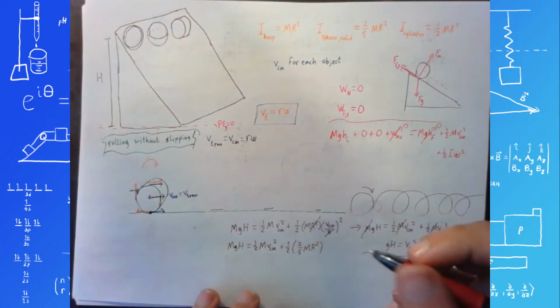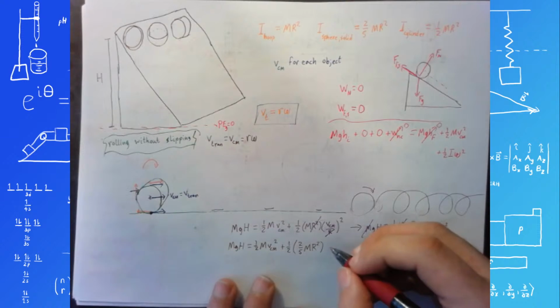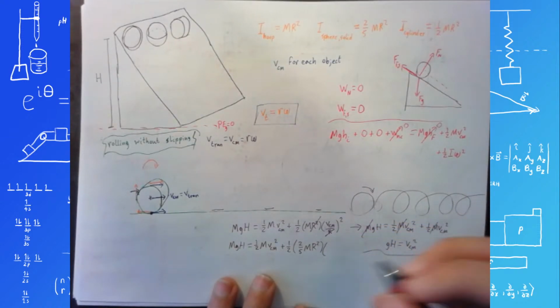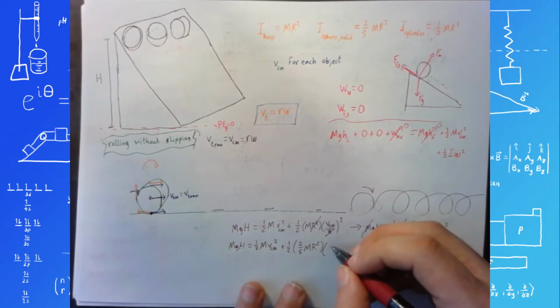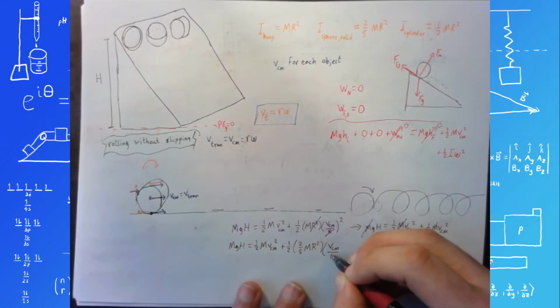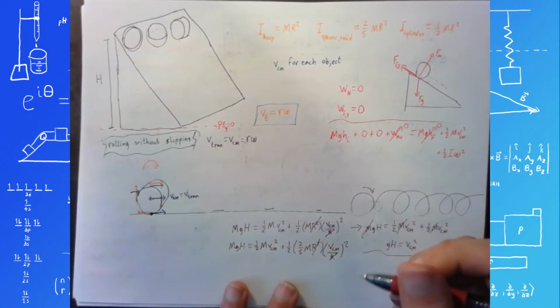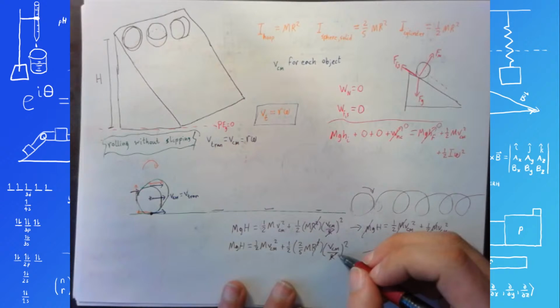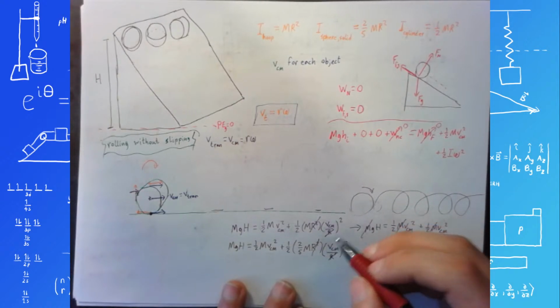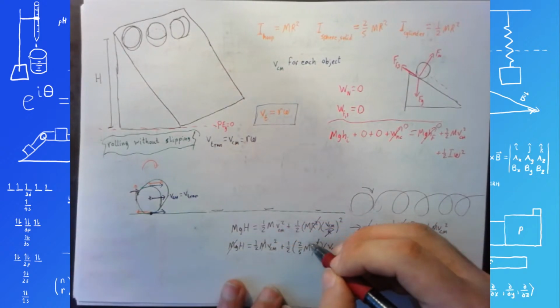It's not going to matter because all of these m's and r's are going to cancel out anyway for this problem. But in a problem where they didn't cancel out, yeah, I would try and name them in such a way that I keep them distinct from one another. Anyway, times omega squared, which is just going to be, again, V center of mass over R squared. The r squared cancels out with this r that gets squared. The masses all cancel out.